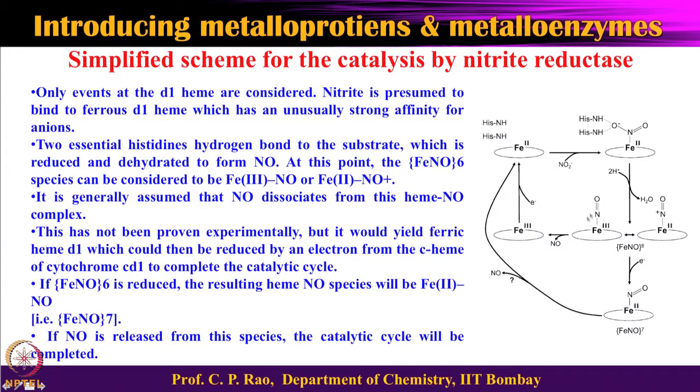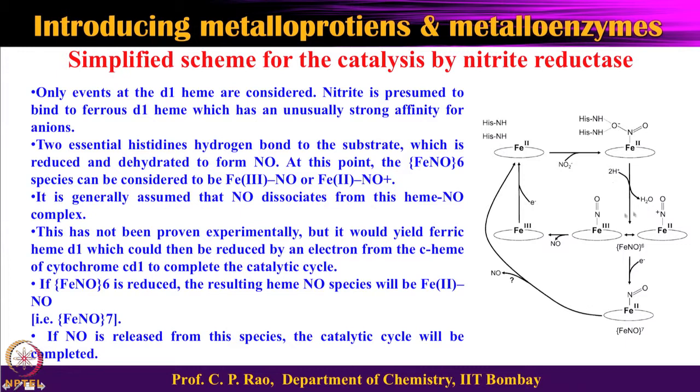And this is the species which has to dissociate to give back the iron, but the evidence is not built for this, as I have written on this side. This iron 3 is not the active form, so there has to be necessarily an electron transfer. That electron transfer can come from the cytochrome C part of it, and then can go to the iron 2.